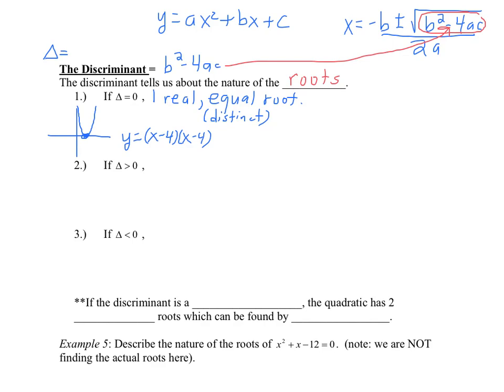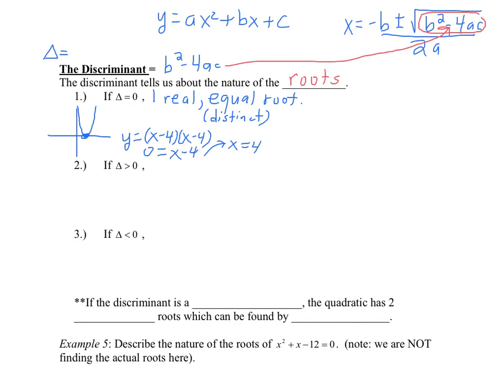Suppose we have a quadratic that factored into that. Well, if we were to set it equal to 0 and solve, x would equal 4. Notice how you would have two roots of x equals 4. So we say we just have one distinct or one equal root. So if you end up having identical factors, you end up with a couple roots, but it's really the same thing, so we say there's just one real equal root.